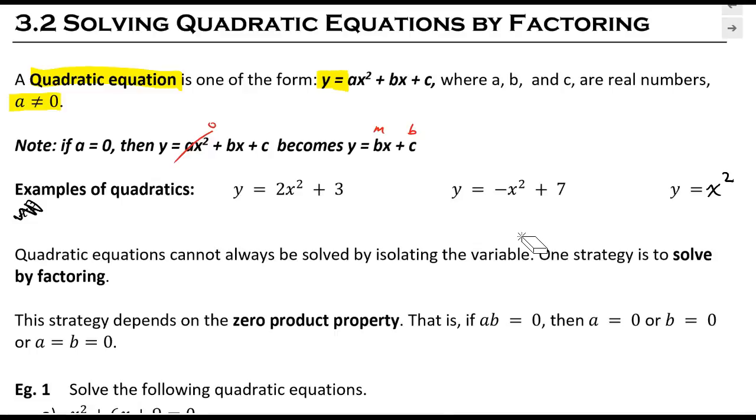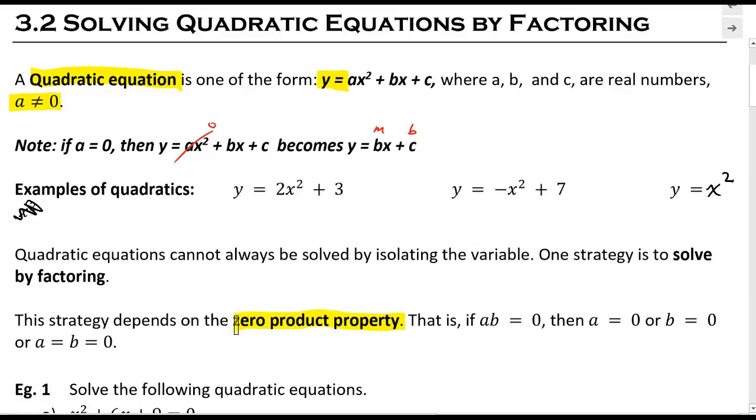But that is not always the case. All of these ones only have x squared. They don't also have that bx term, that term where x has an exponent of 1. So what we're going to do instead is use factoring to solve this. And it strictly depends on this property here, the zero product property.